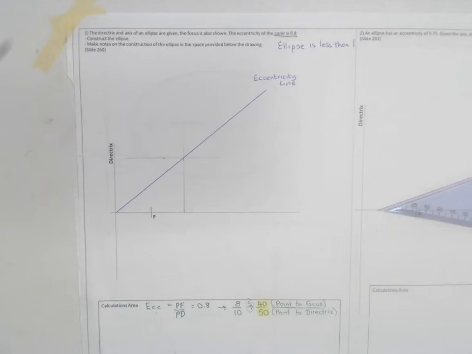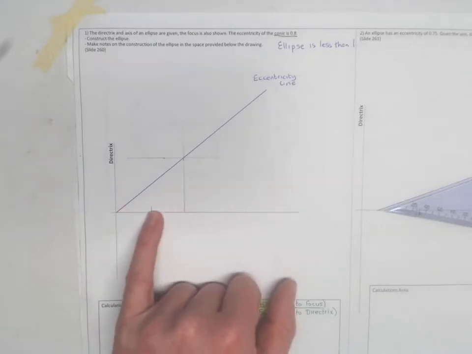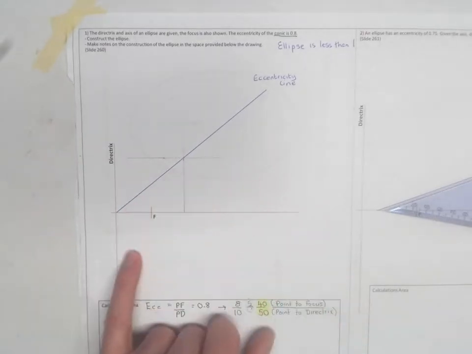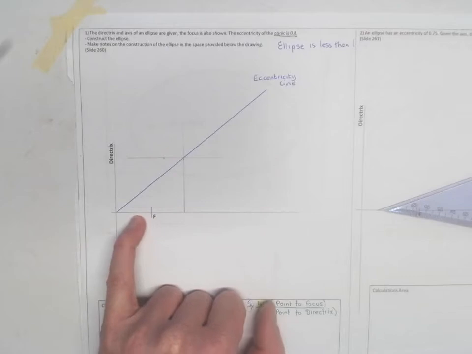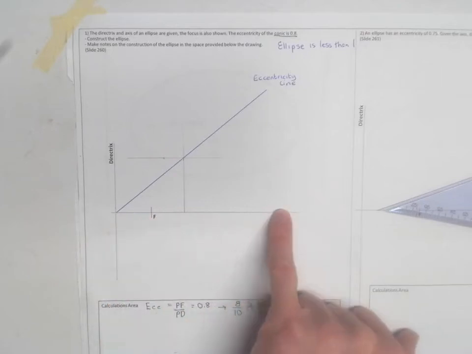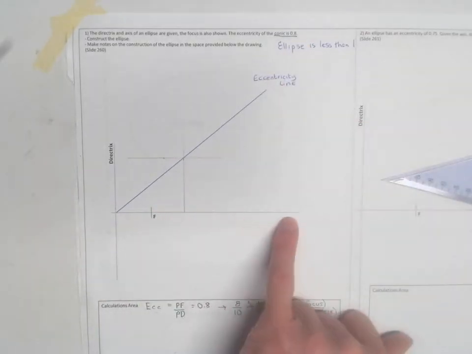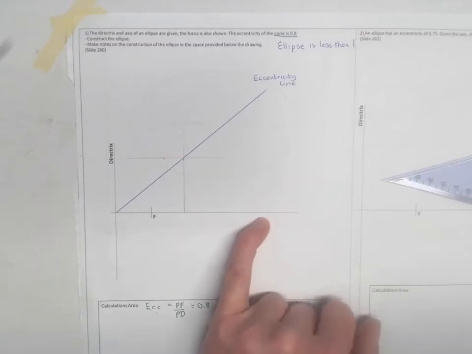So next, going back to our page that we've done before, we have a directrix, we have a focus, we need a vertex, and an ellipse has 2 vertices. So we need to find a vertex over here and a focus over here.